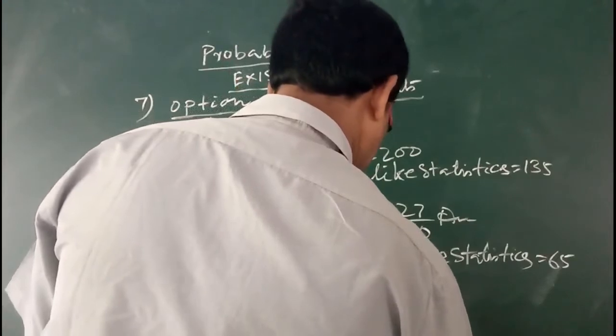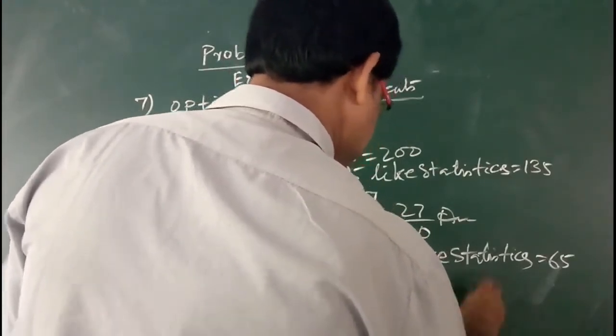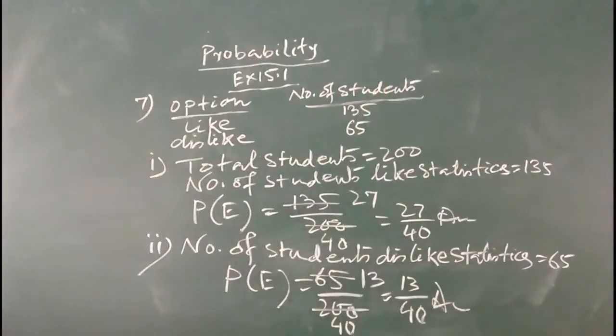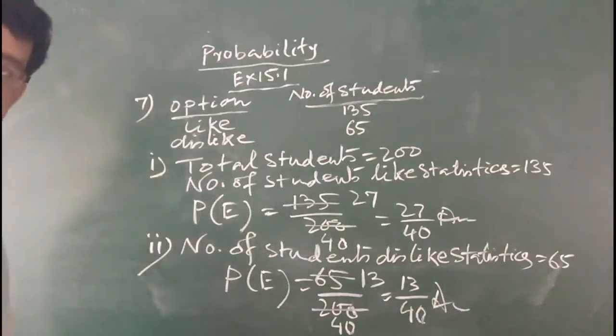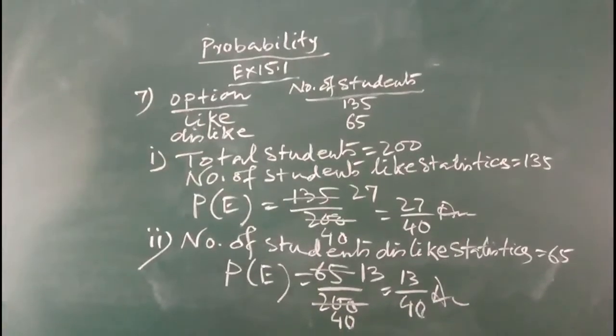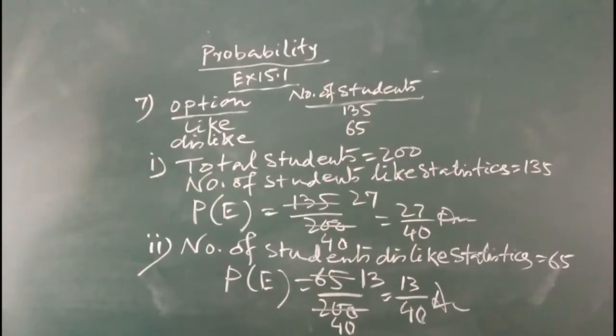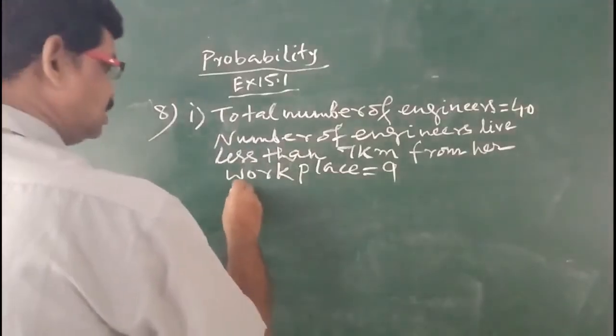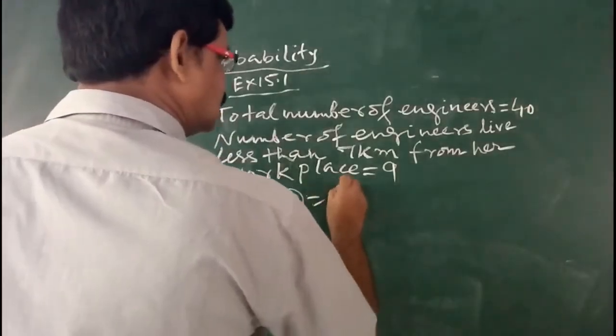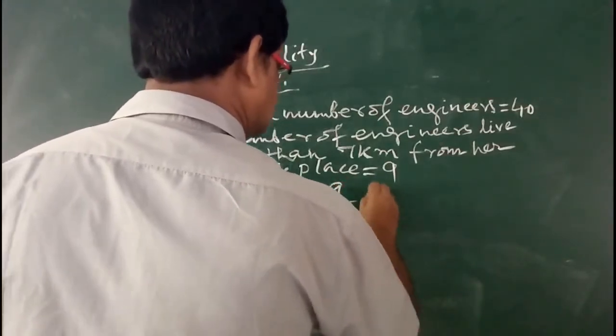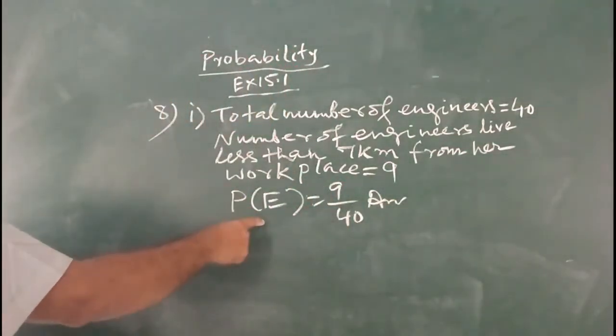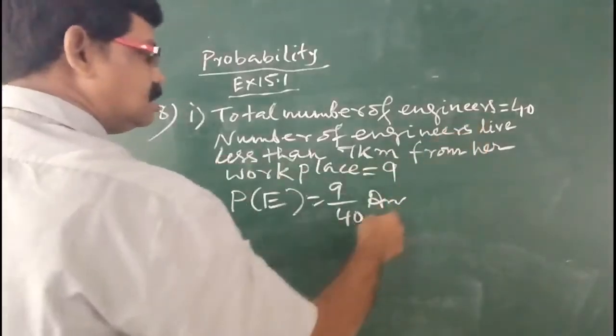So 13 by 40. The probability of this event is 13 by 40.